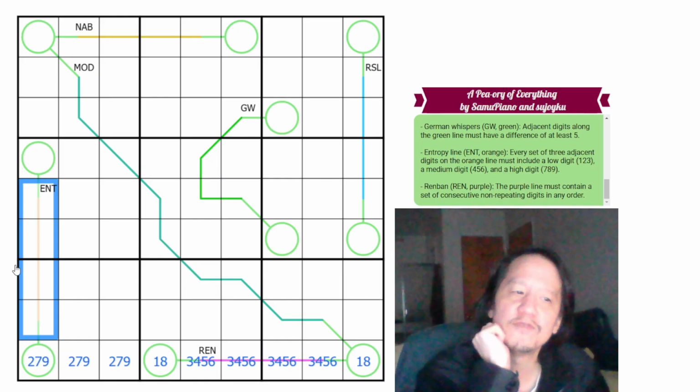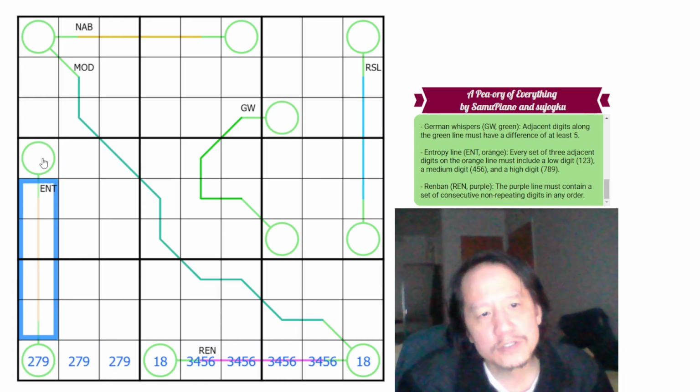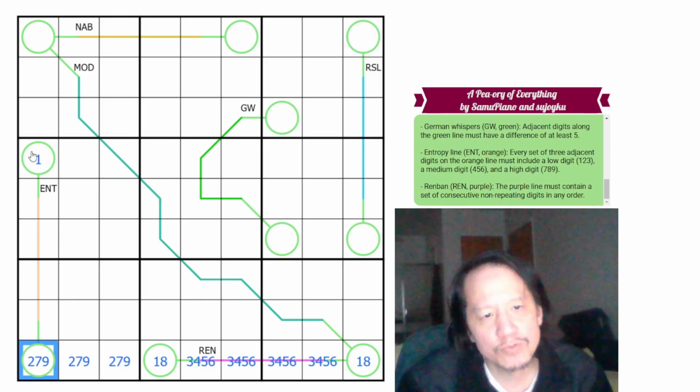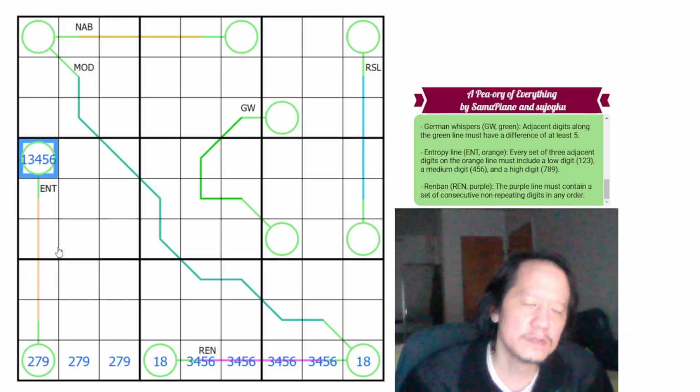So it's at minimum 14, maximum 26. So it could be 17, 19, 21, 20, can't be 22, could be 23, 24, 25, or 26. Interesting.